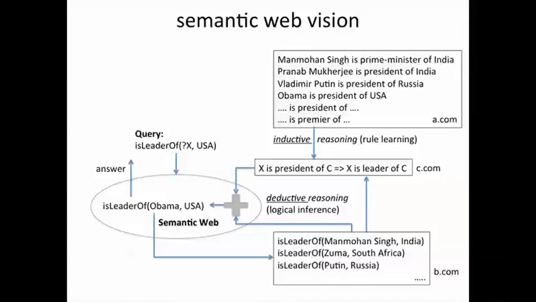It's not exactly been realized today, but much of the technology needed to express facts and rules in a form that can be shared across different systems using XML languages such as RDFS, which is called RDF schema, and OWL, or the web ontology language. That technology has been developed by the World Wide Web Foundation, where Tim Berners-Lee plays an important role.